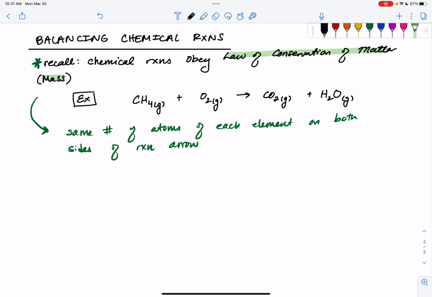So let's ask ourselves, does the given chemical reaction above obey the law of conservation of matter, LOCOM?